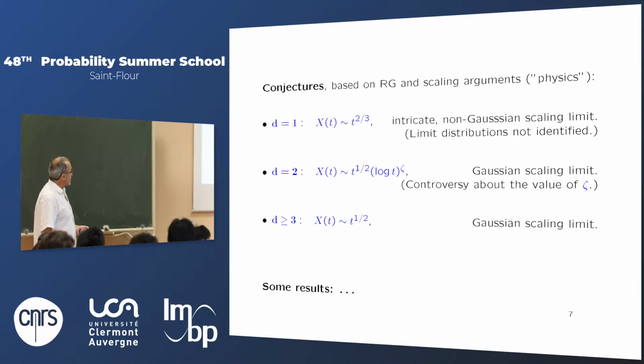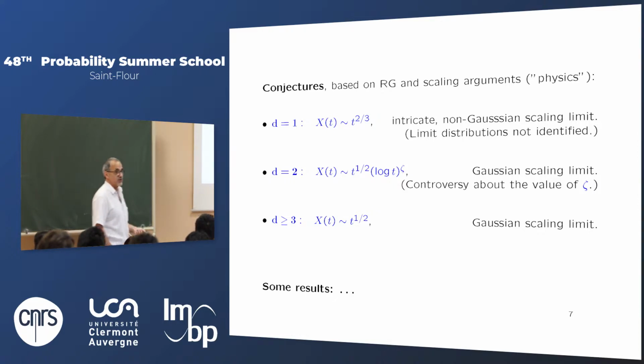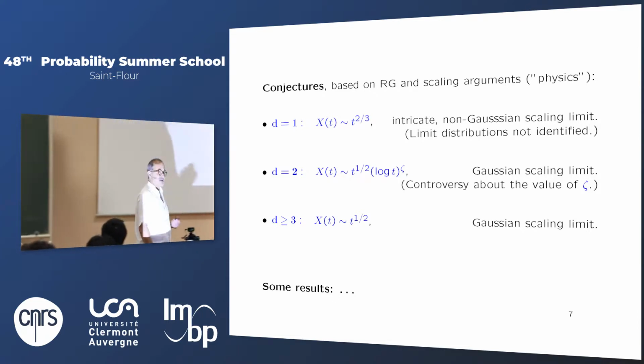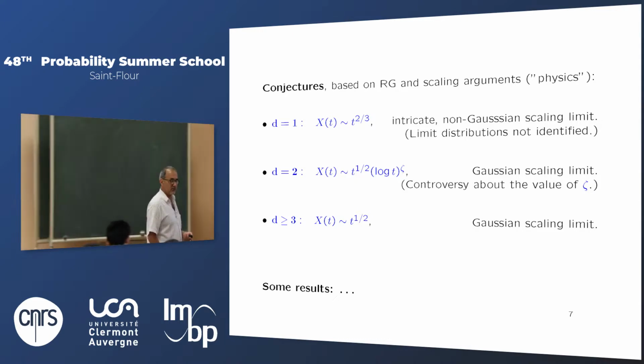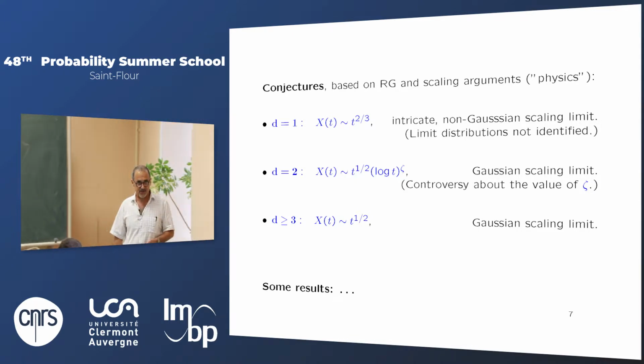And in 3 and more dimensions, these scaling arguments would suggest that it behaves like diffusion. So on the long time scale, a central limit theorem holds, with diffusive scaling.